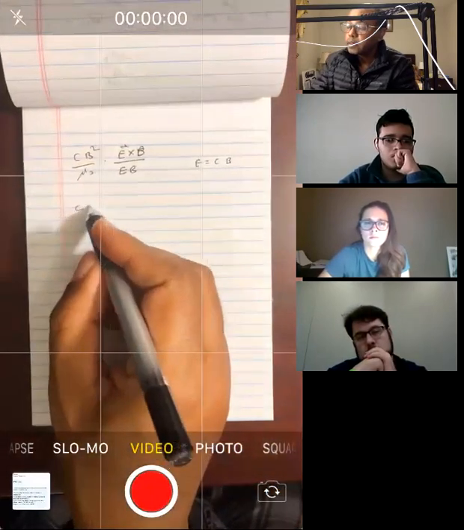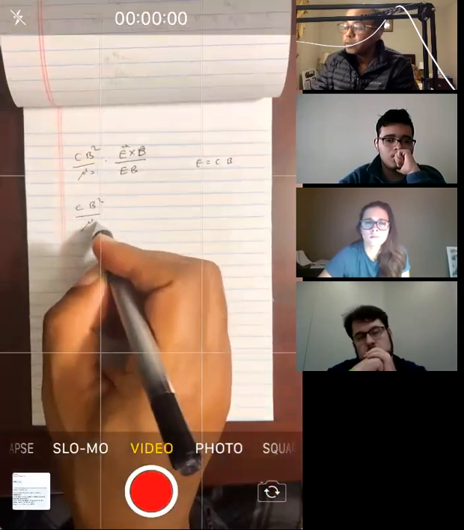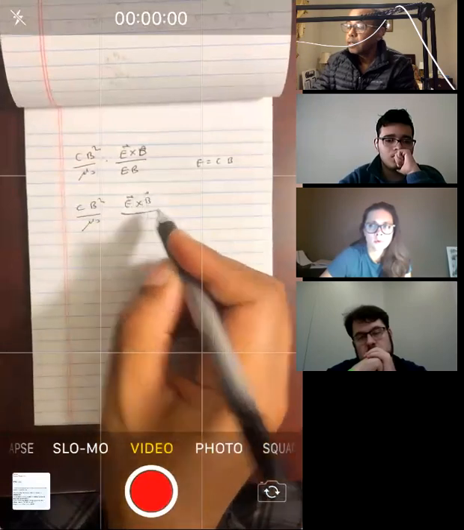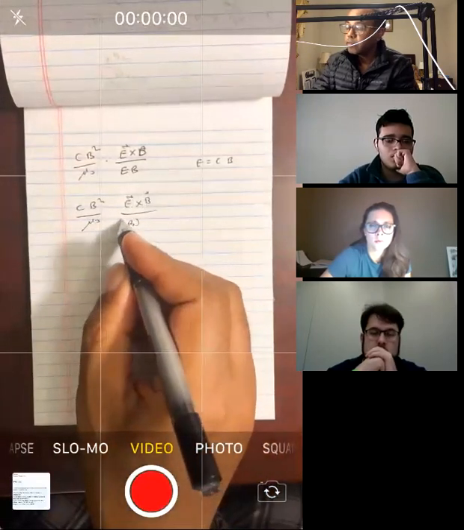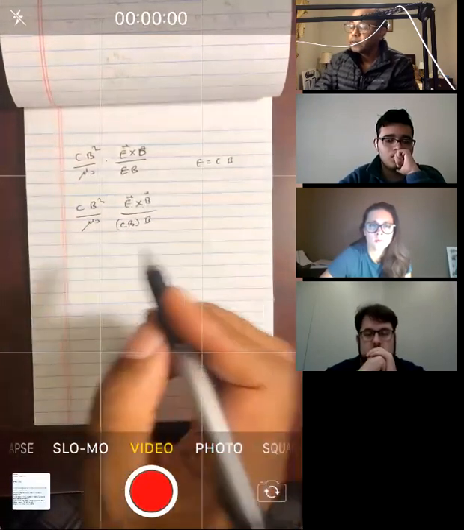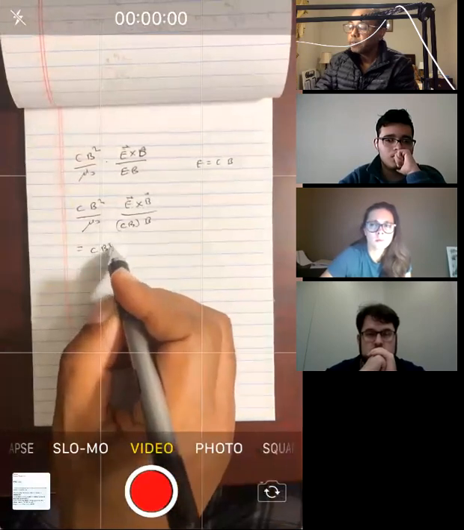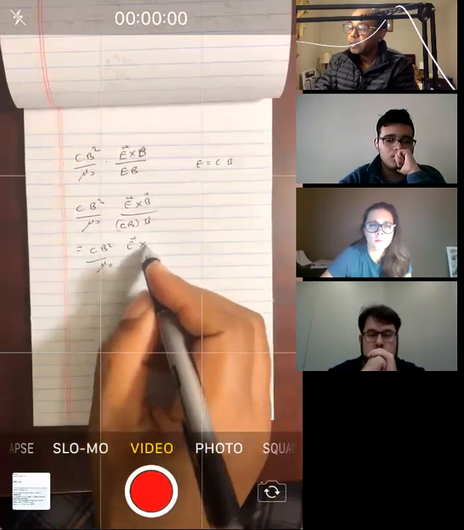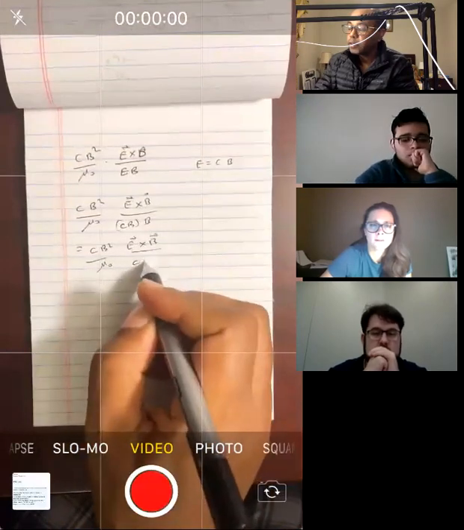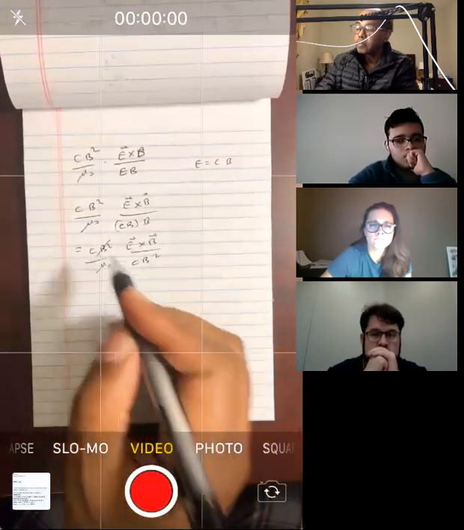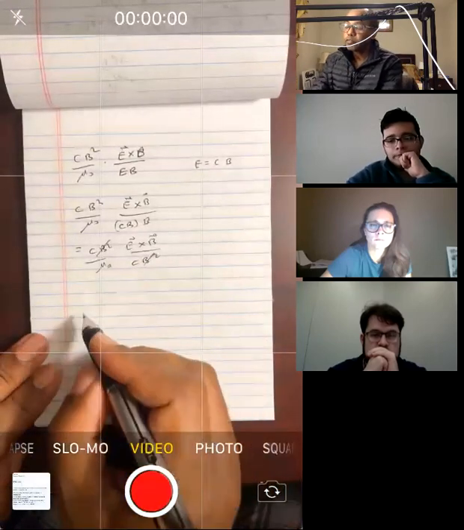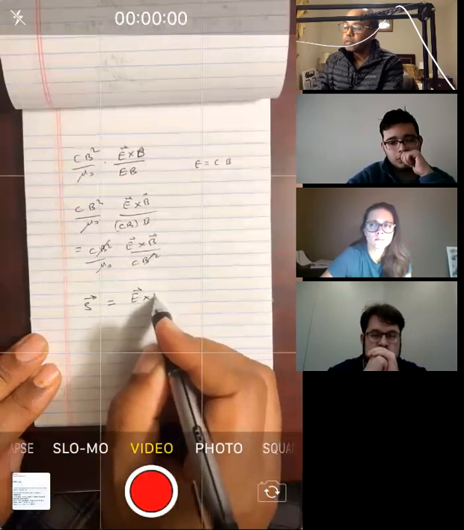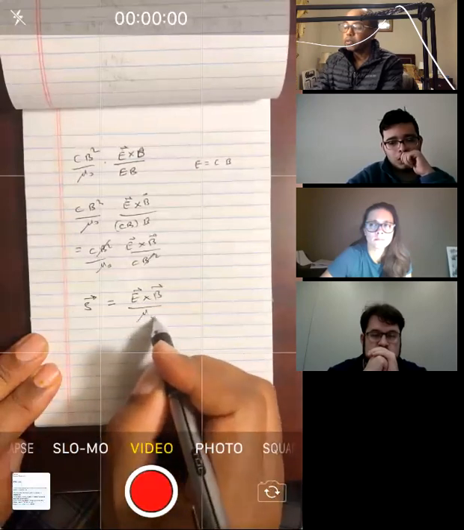So I've got c B squared over mu naught, E cross B, and then I've got c times B for electric field times B. So you see that? c B squared over mu naught, and then E cross B divided by c B squared. This cancels out. So this is the formula for the Poynting vector. It is E cross B divided by mu naught.